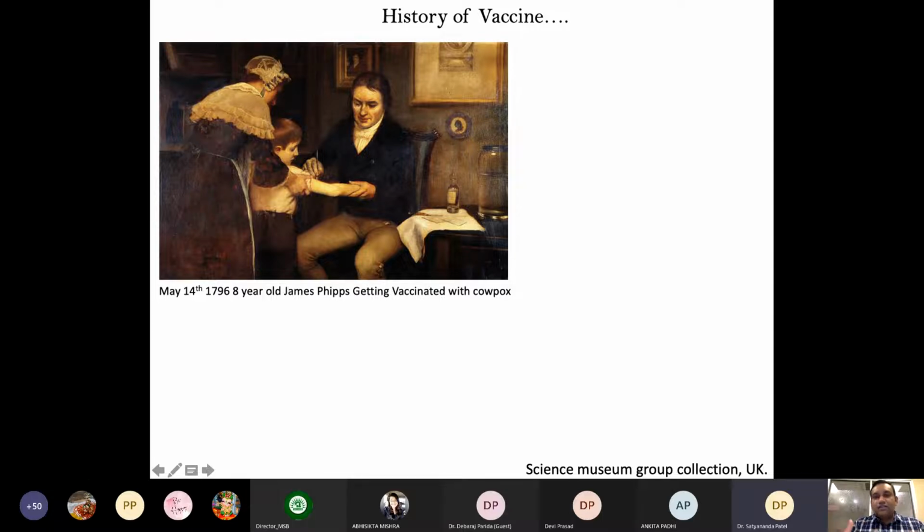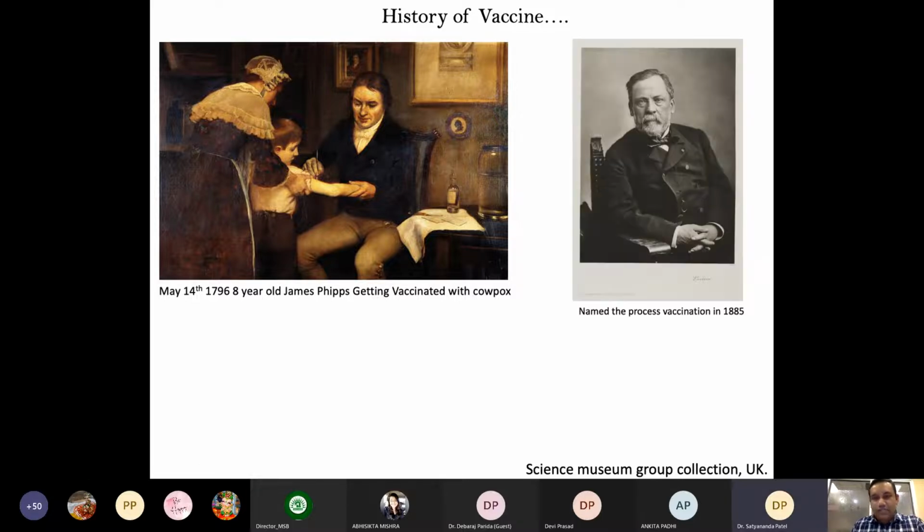But the name vaccine didn't start at that time. It was Louis Pasteur, close to 100 years after that, who developed the rabies vaccine, and he named this process of immunization vaccination in honor of Edward Jenner. That's how the vaccine started.